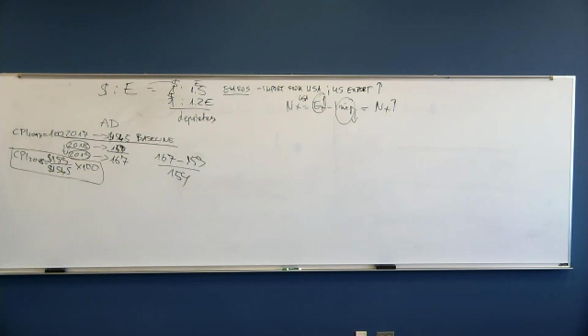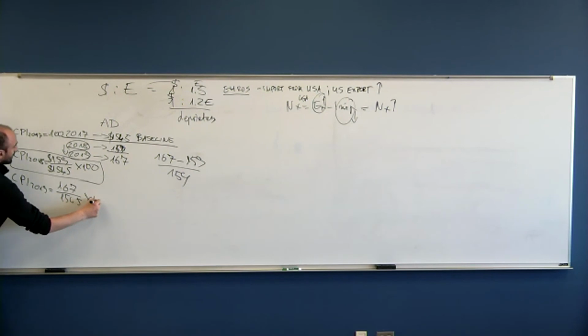Okay, so that's CPI. Total spending in the later year over total spending in the baseline year, times 100, you get the CPI for the second year. And the same for CPI for 2019: it's 167 over 154.5 times 100.